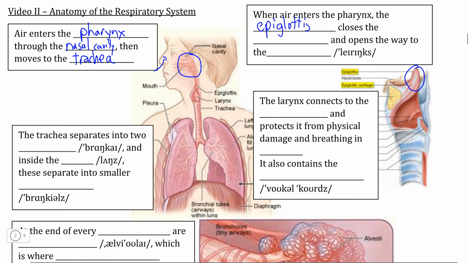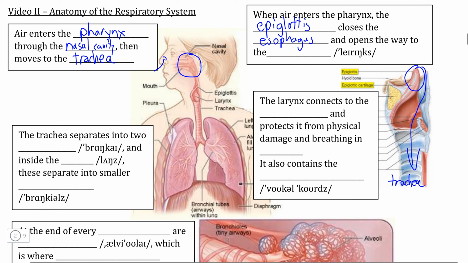But since we're breathing, the epiglottis actually has the opposite function, and in this case, the epiglottis is going to close your esophagus in order to force air to go down into your trachea here and prevent it from going into your stomach, because obviously you don't want your stomach to become bloated with air because food is supposed to go down there.